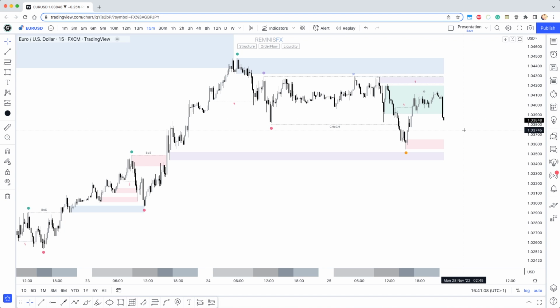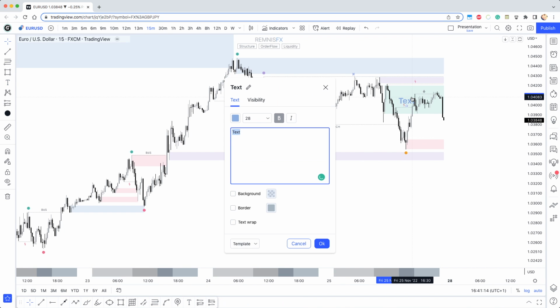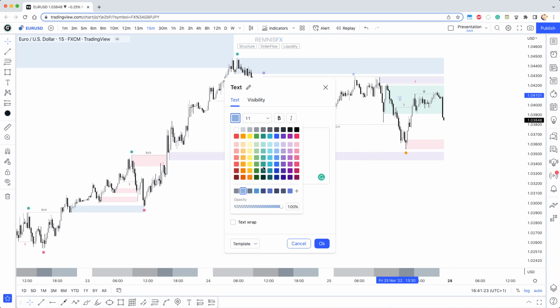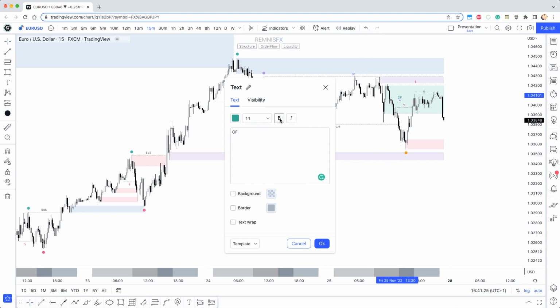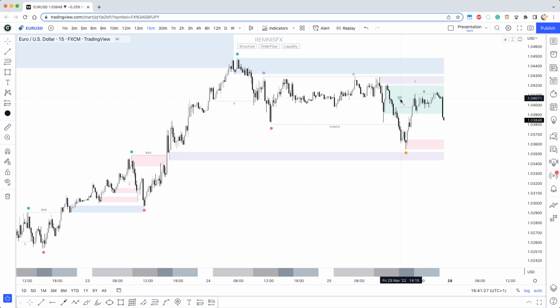Okay, so now let me just mark this one quickly as order flow. Let's make this one green. Well, actually, let's make it fat. Okay, so now this green area could be your order flow, of course.